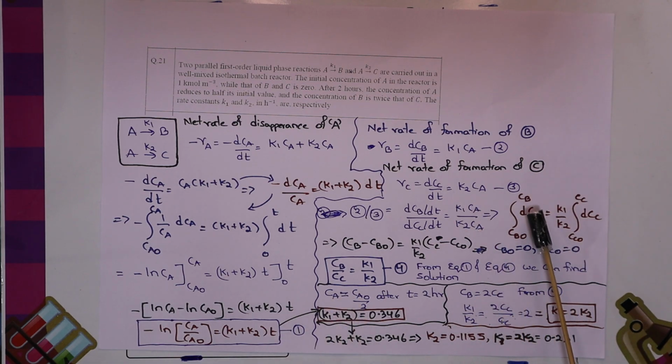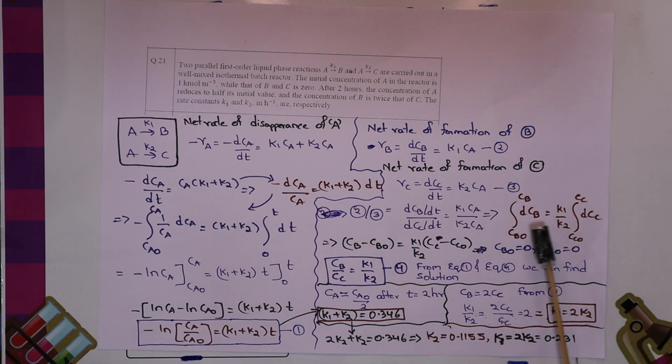Now to solve this differential equation, apply the limits from the initial state to the final state. The initial concentration of B is Cb0 and the final concentration of B is Cb. The initial concentration of C is Cc0 and the final concentration of C is Cc.